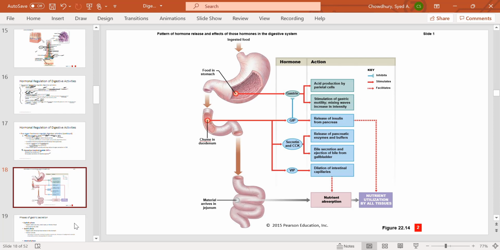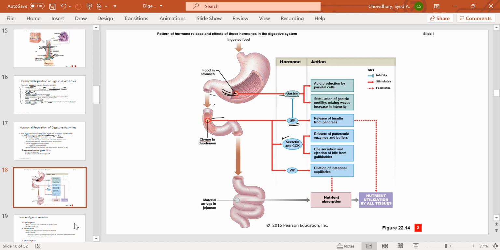So here this is the cartoon or picture. You see here very nicely shown all those hormones. So you see gastrin is secreted from the pyloric part of the stomach, last part of the stomach. Also it is secreted from the duodenum too. Okay, so gastrin. And gastrin stimulates the parietal cells and also stimulates the motility or movement of the stomach wall. GIP is released from the duodenum.